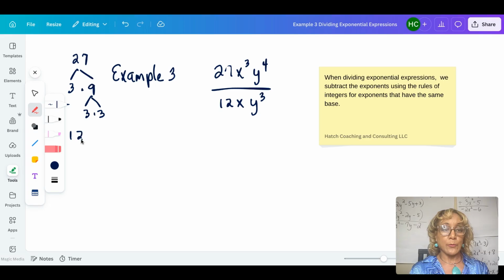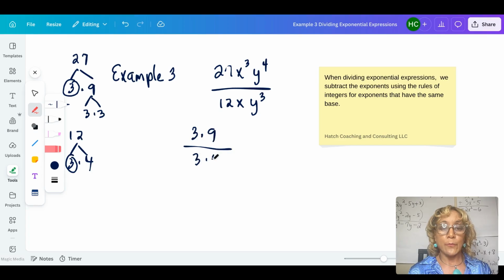I'll do the same for 12, and that's 3 and 4. Whatever is at the base of the trees that's in common, that's our common factor, our greatest common factor. So when I divide this out, I'm going to have 3 and 9 in my numerator, 3 and 4 in my denominator. I'm going to just keep it like that as the 9. No need to go any further.